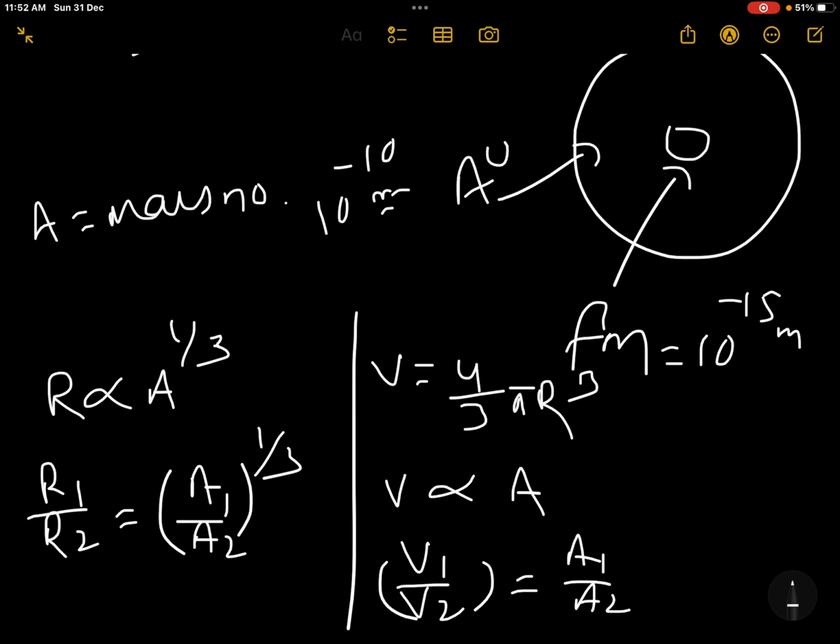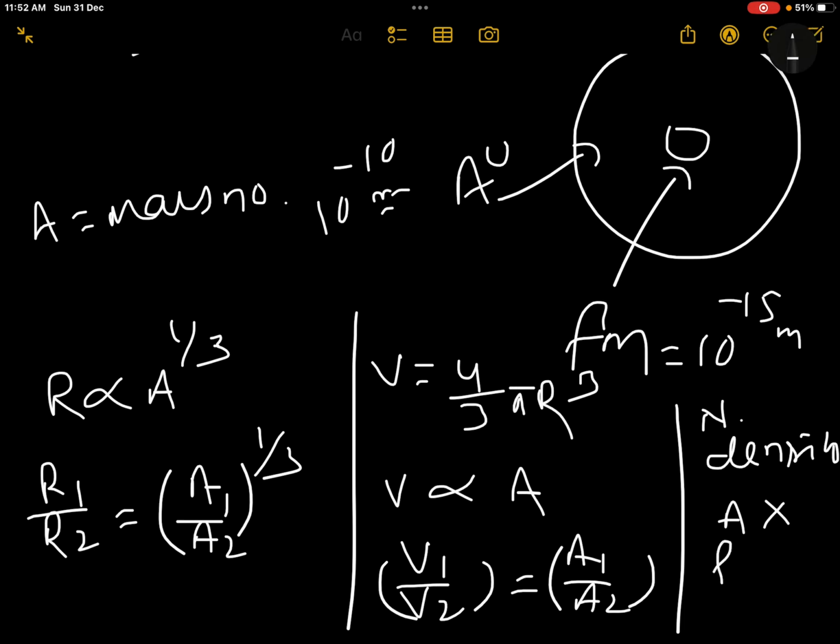A1 by A2. Remember. Third one is nuclear density. It doesn't depend upon mass number. So what is the ratio? Density 1 by density 2 is 1:1. Whatever may be the nucleus, the ratio is always 1:1. All have equal nuclear density.